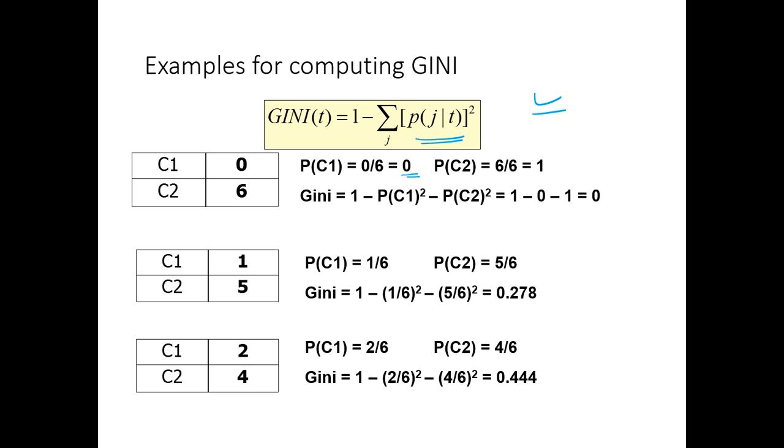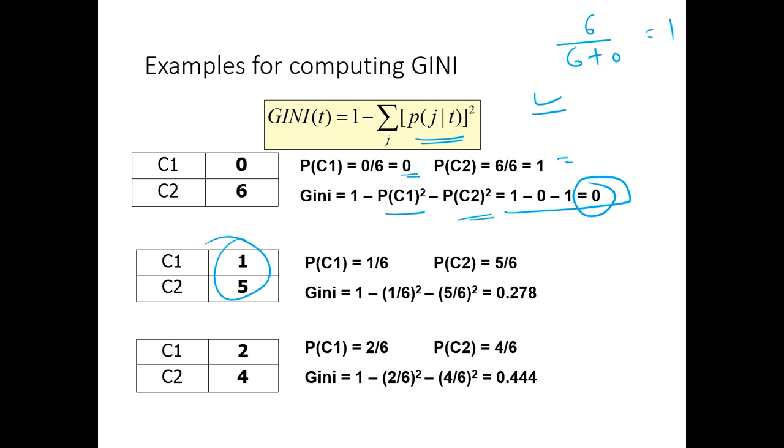So that's 1, right? How you calculate Gini is nothing but 1 minus probability of C1 squared minus probability of C2 squared, that's nothing but 0. That's a very good Gini, right? Close to 0 is better.